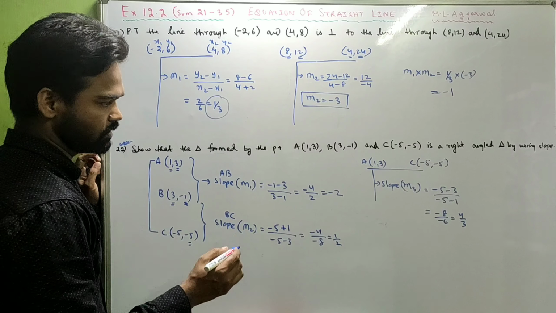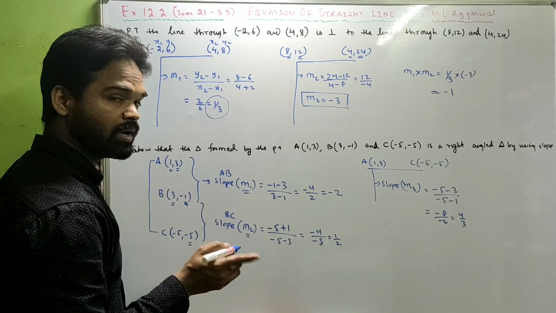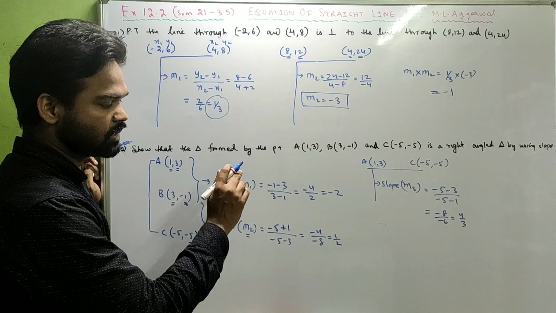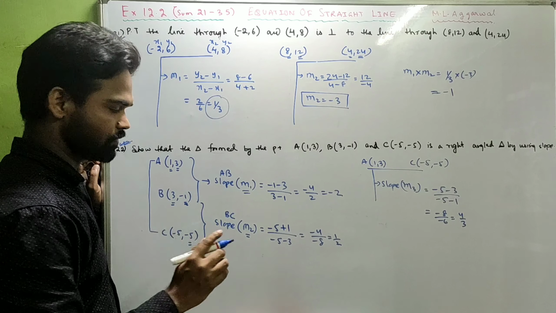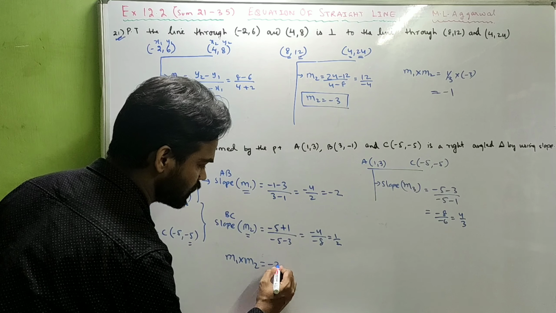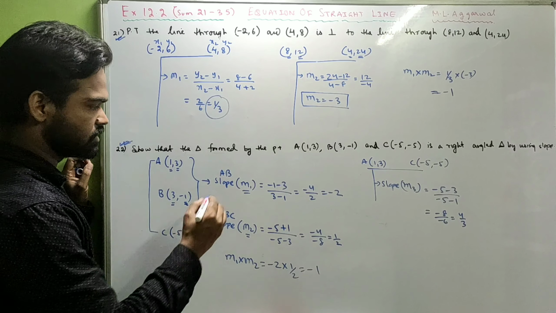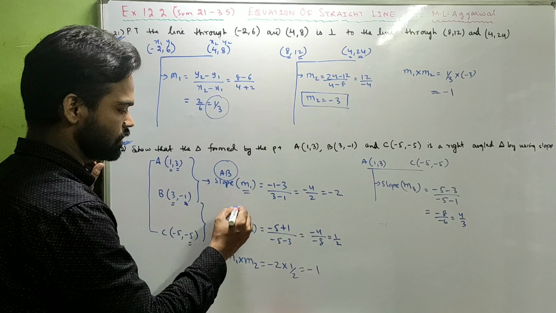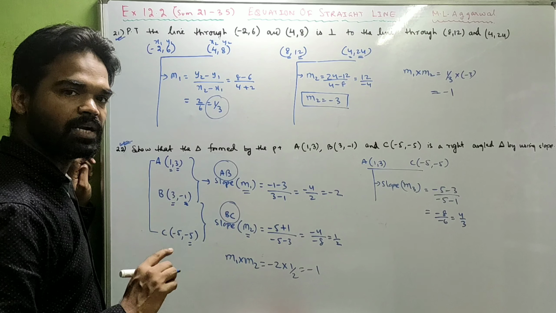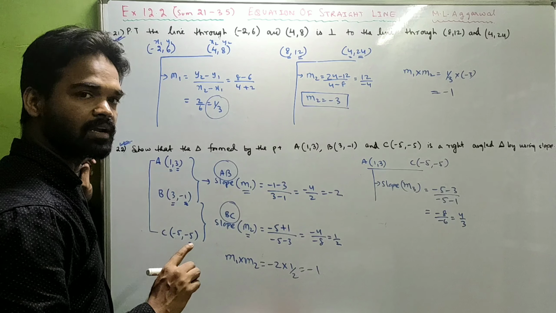Now look carefully. The product of these two slopes, M1 and M2, is equal to minus 1. Look, M1 into M2 is minus 2 multiplied by half, that is equal to minus 1, which means the lines AB and BC are perpendicular to each other, which means this is a right angle triangle.